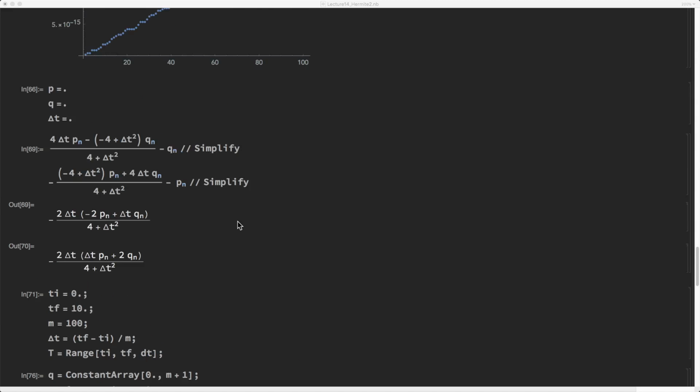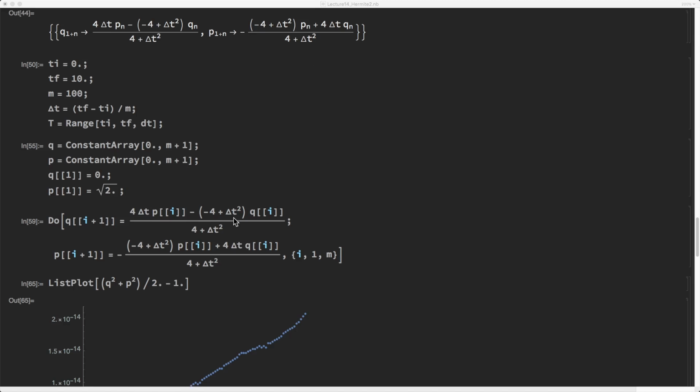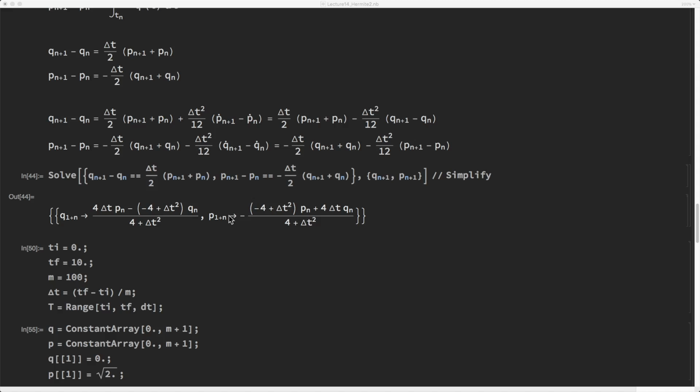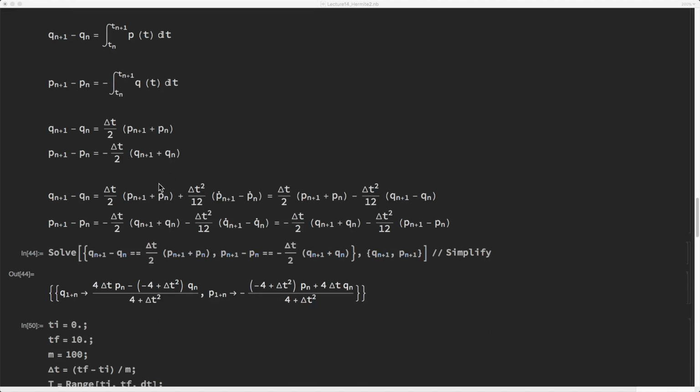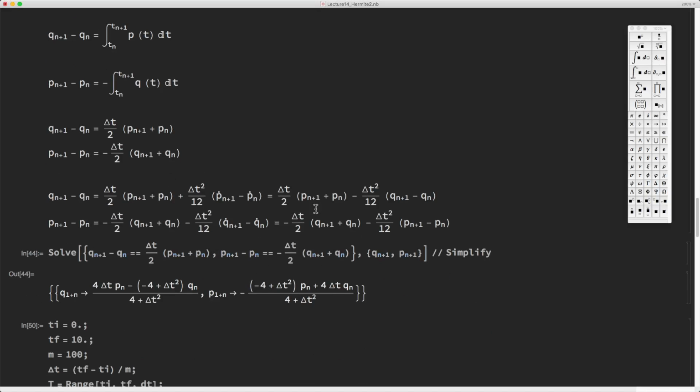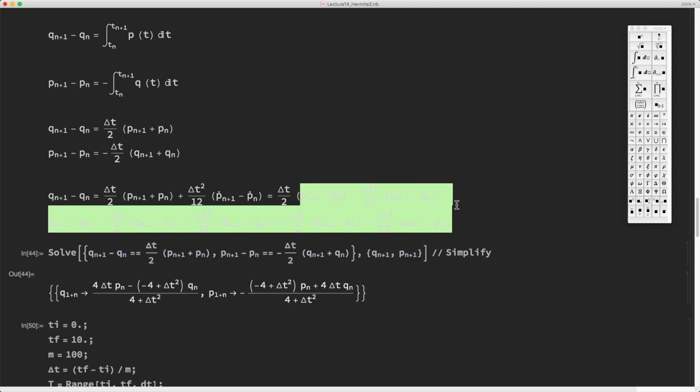And finally, we can repeat this procedure for a fourth order method. This will be left as an exercise, but I'm going to do the first steps. So first of all, here we consider the trapezoidal rule. If we want to do the Hermite method, then we would use these formulas right here.